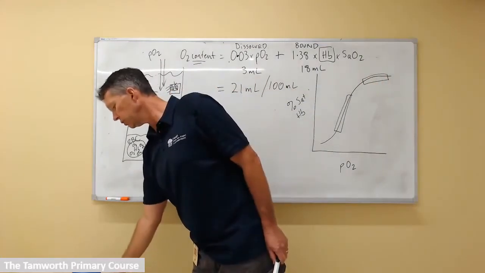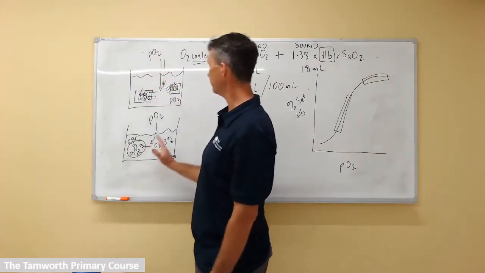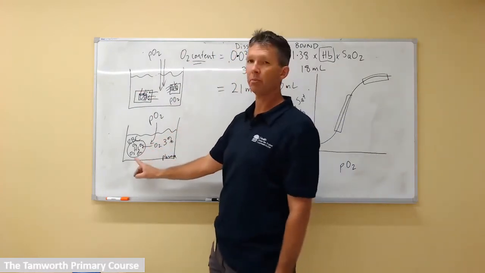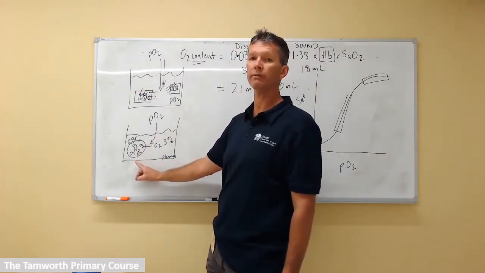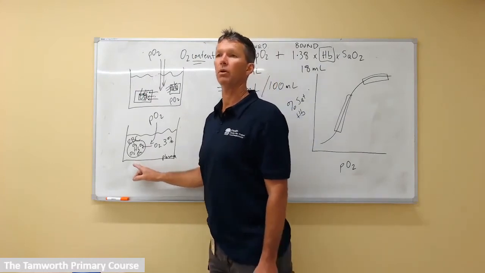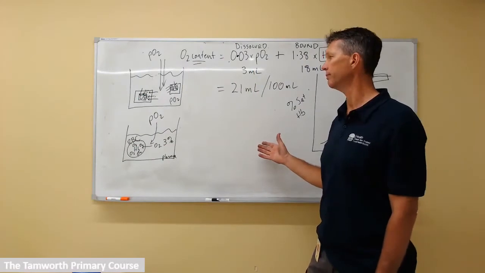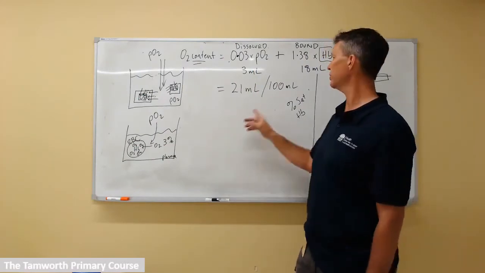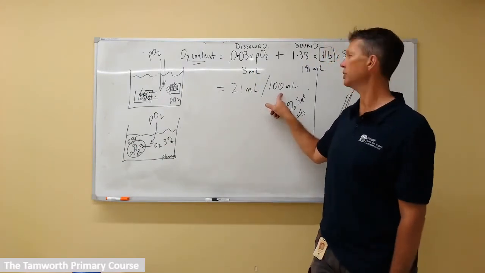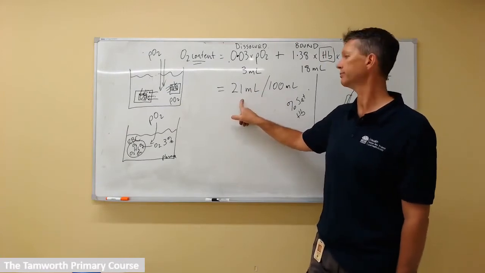So, using that concept of building a blood, knowing where in the blood the oxygen is bound, where it's available from, we allow cardiac output to provide flow to the tissues. And when we provide flow to the tissues, every 100 mils of blood that flows into the tissues provides 21 mils of oxygen.